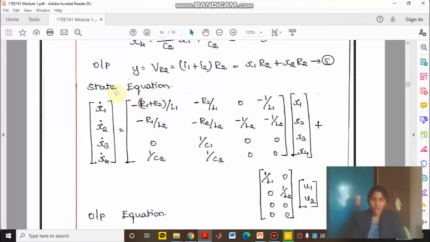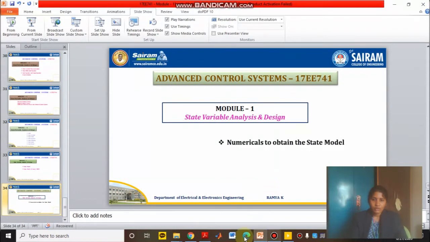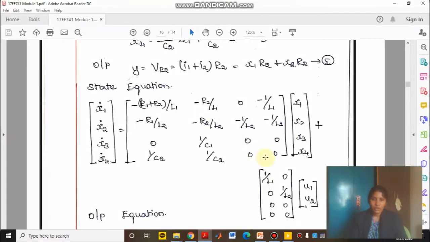We know that the state equation is x dot of t equal to A x of t plus B u of t. And you also know how to frame the A matrix and B matrix. The A matrix has 4 state variables, so it is 4 cross 4.